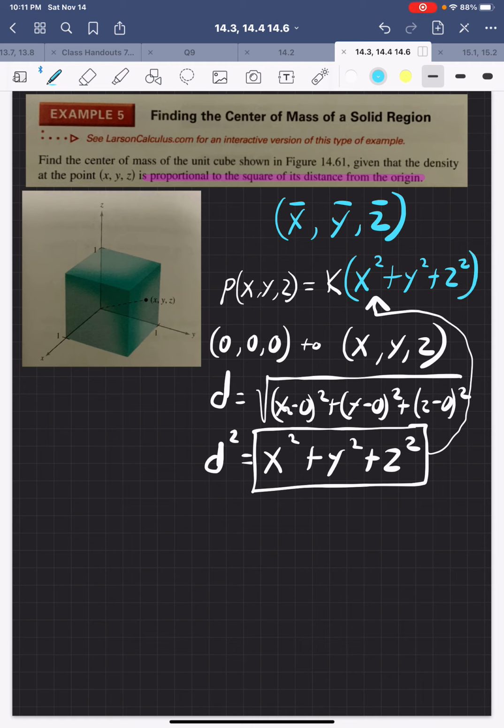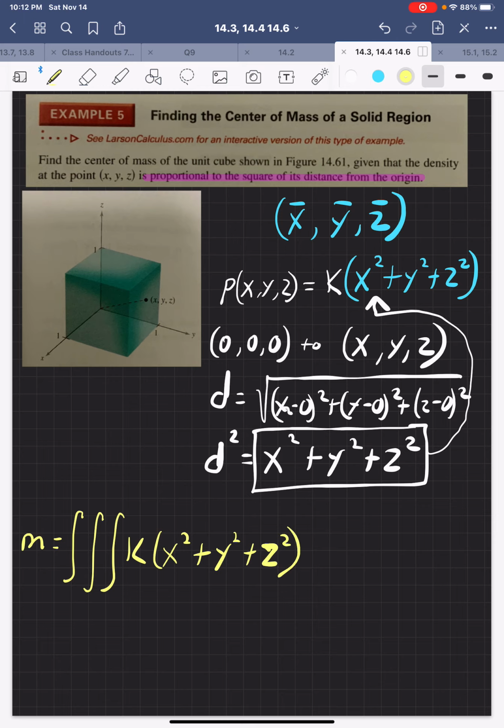All right, so we now have our density function. At this stage, we are going to start with our mass. And we know that we're going to place that density function inside the integrand of our triple integral. Now, I just got done lecturing you on how you should want to think dz, dy, dx for these triple integrals that I'm going to throw at you for this class.